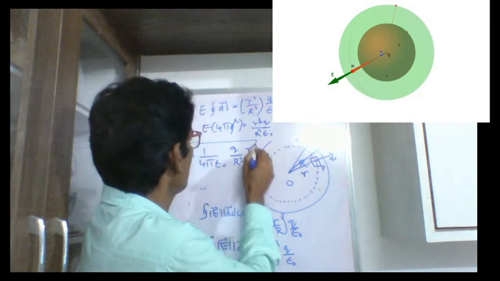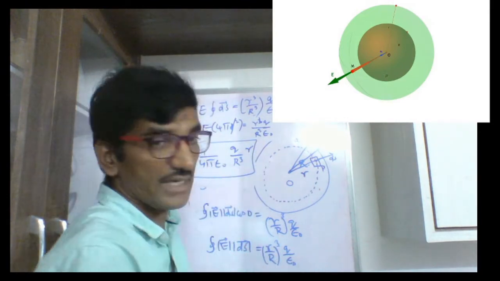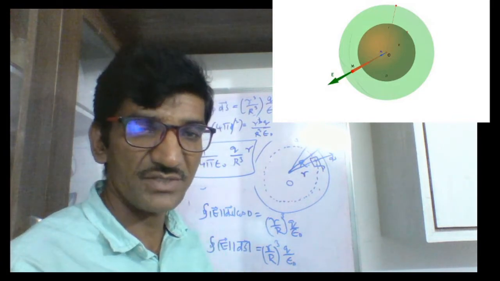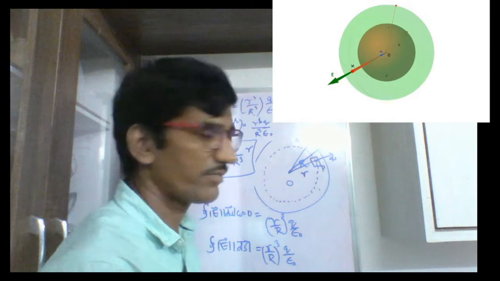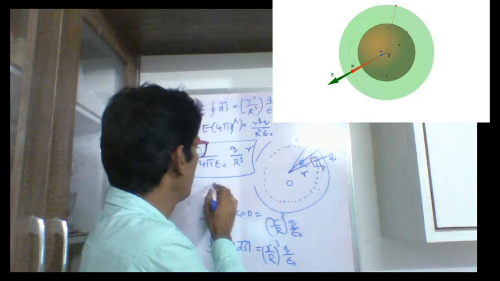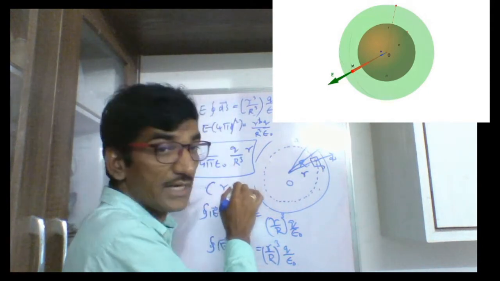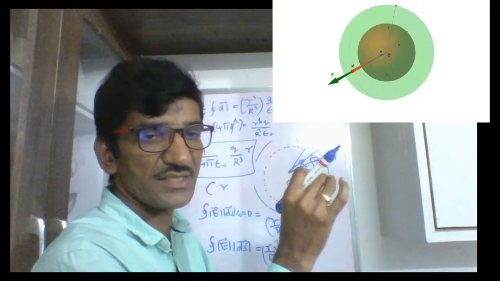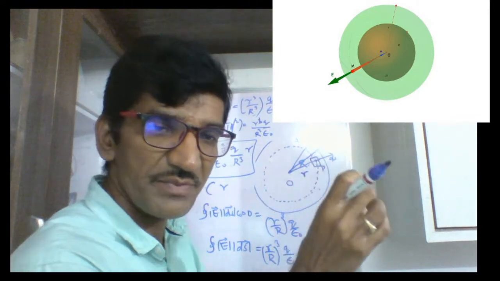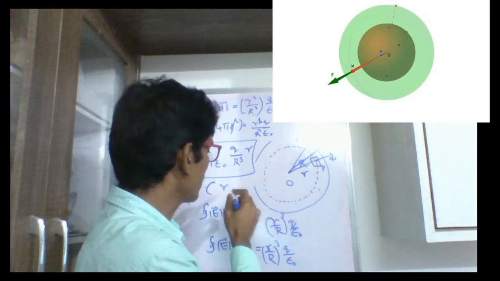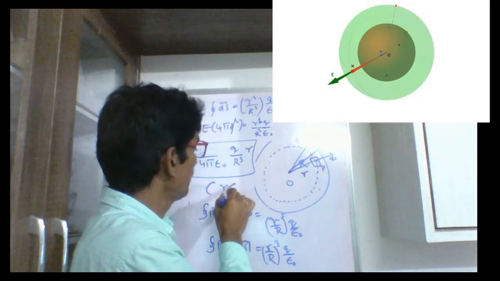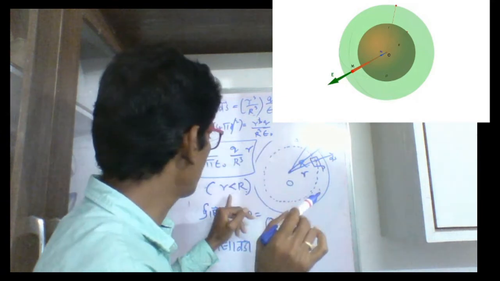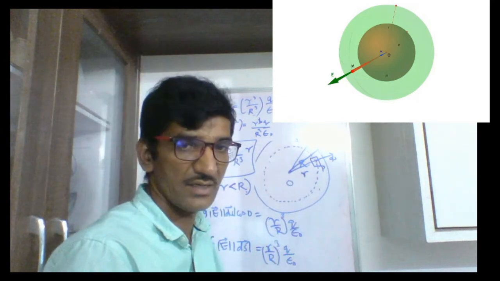This is the formula for the electric field intensity at the inside points of the sphere. At all the inside points, this formula is applicable. It applies for the second case, that means for all points inside the original sphere. For that, we have to write r is less than capital R. So for all inside points, this formula is applicable.